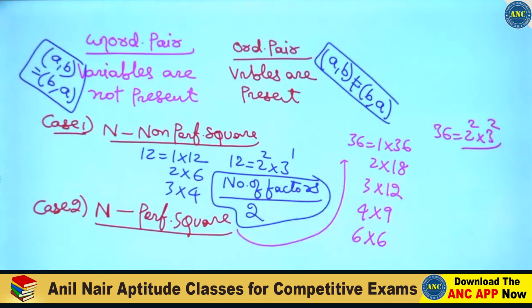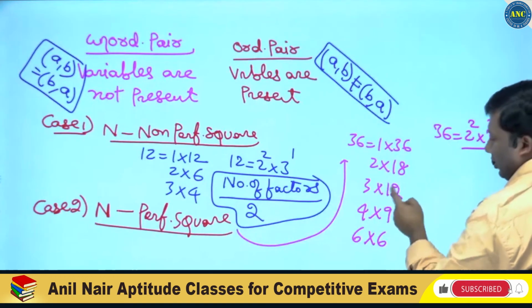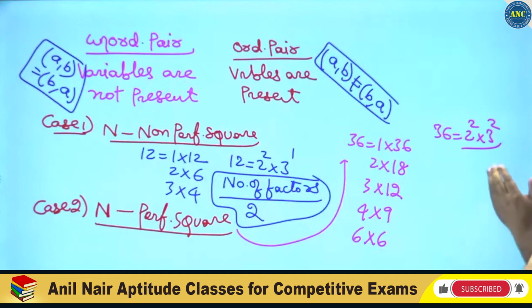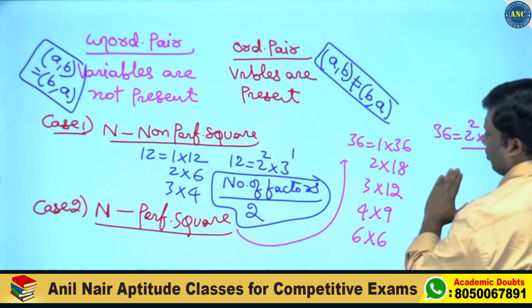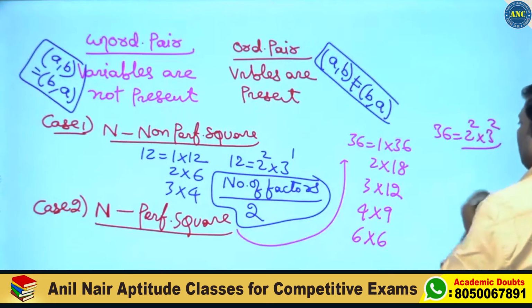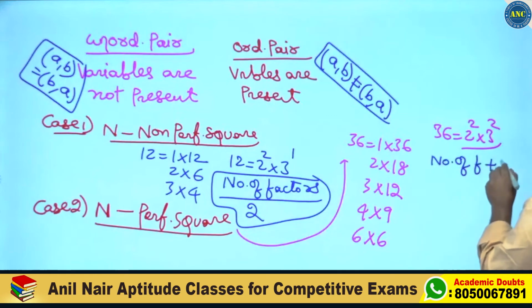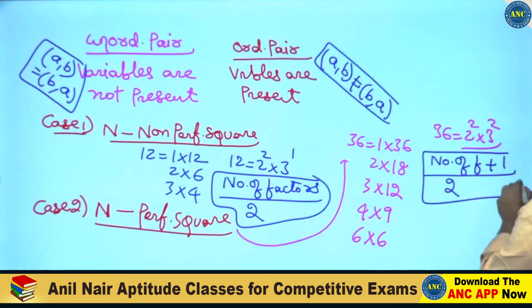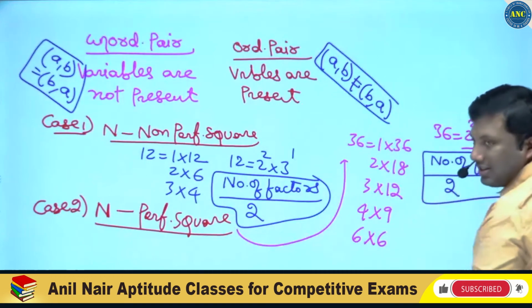In that 9 cases, 36 into 1, 18 into 2, 12 into 3, 9 into 4 are eliminated, because in an unordered pair, reverse is not possible. So it is number of factors plus 1 by 2. Number of factors are 3 3s are 9. 9 plus 1, 10. 10 divided by 2, 5 cases.